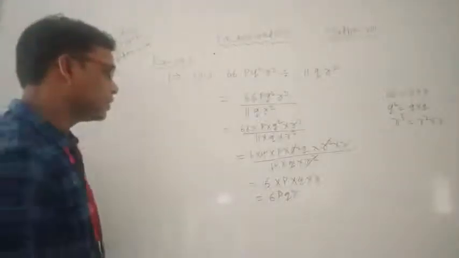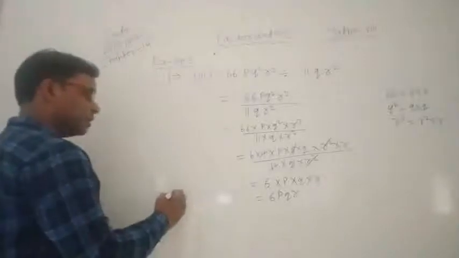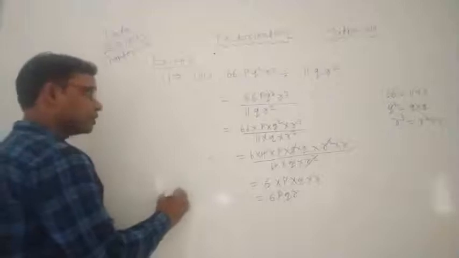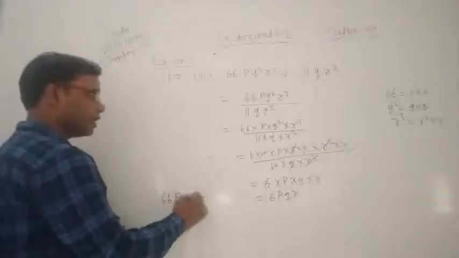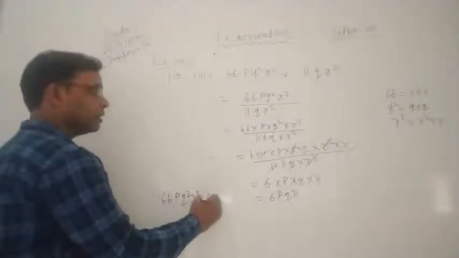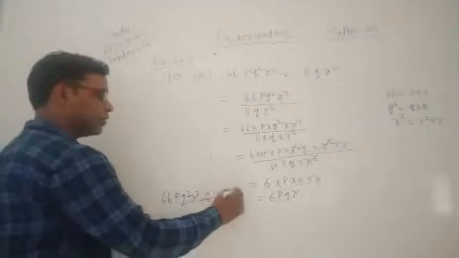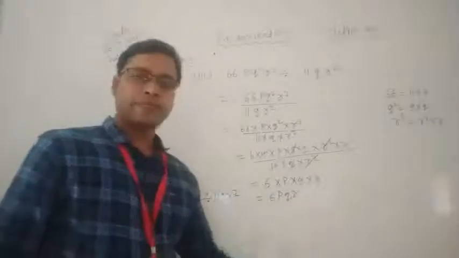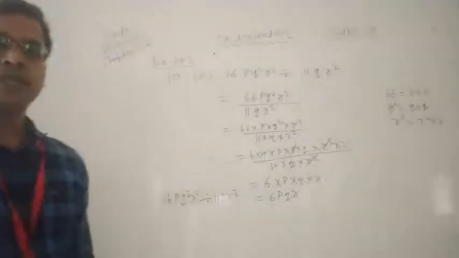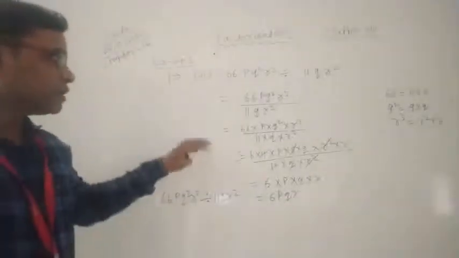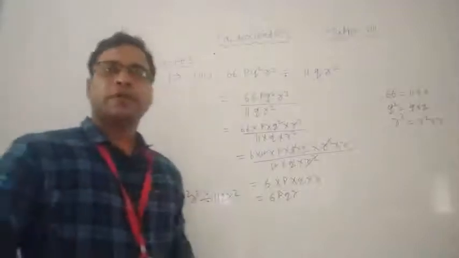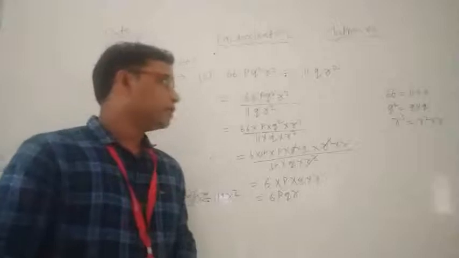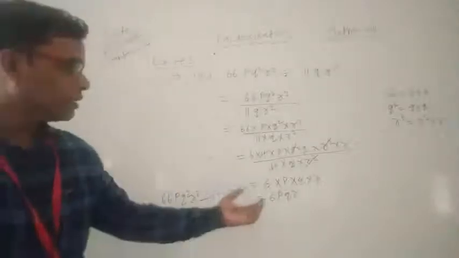So in this way, if we divide 66 p q square r power 3 by 11 q r square, then you obtain 6 p q r. This is clear? Now you can solve these questions by using the law of exponents, okay, and you get the same result.